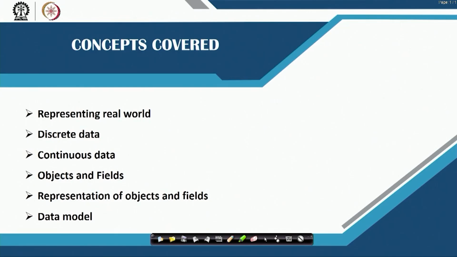These are extremely important when you are looking at the data and how you actually represent an object and a field, because that is what is actually being converted into a data model. And finally, the data model. In the next set of slides, we will look at different data models and examples.